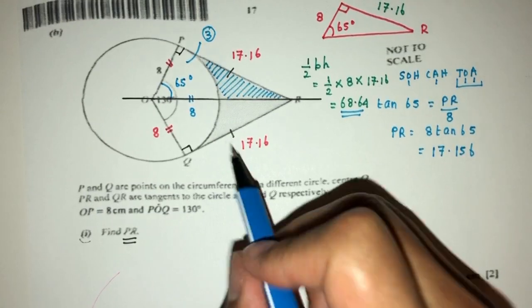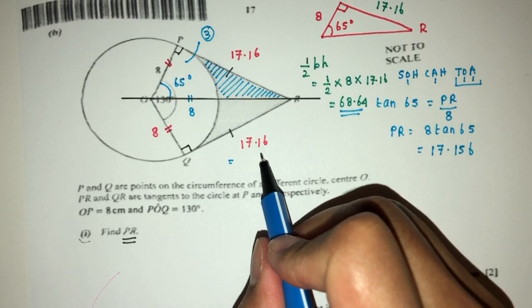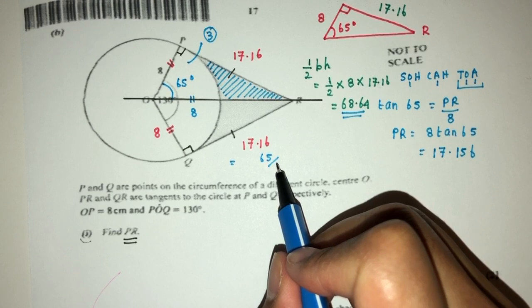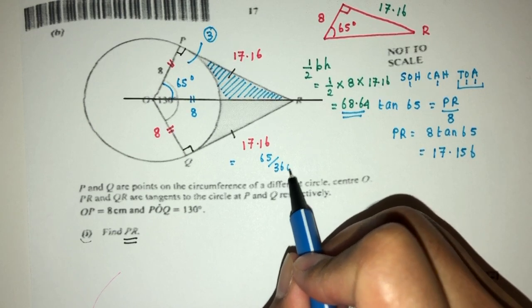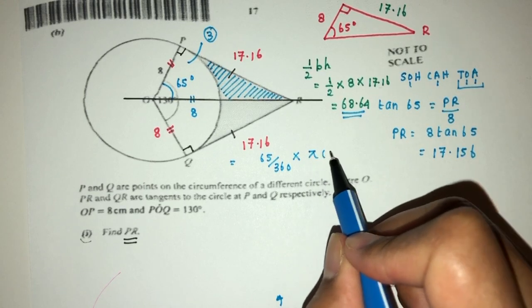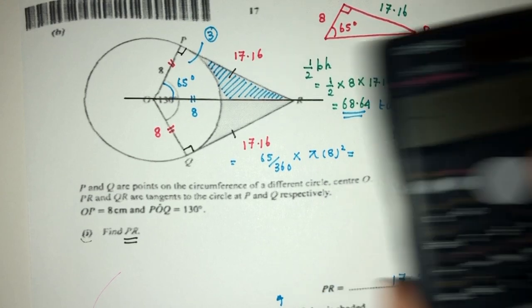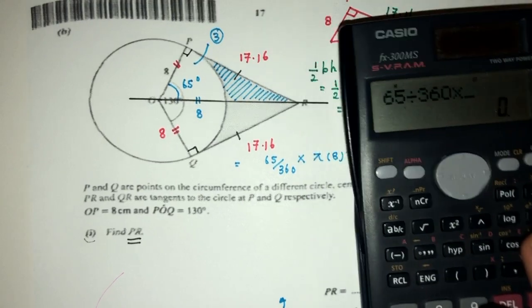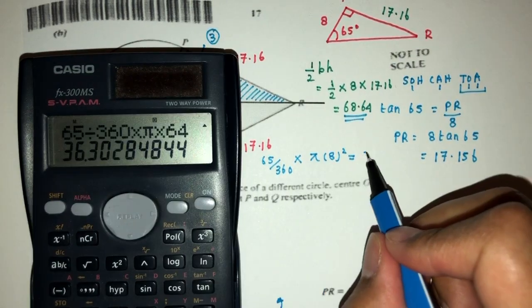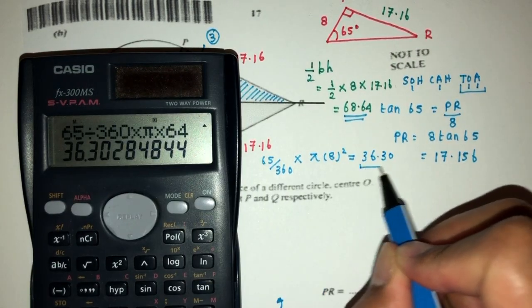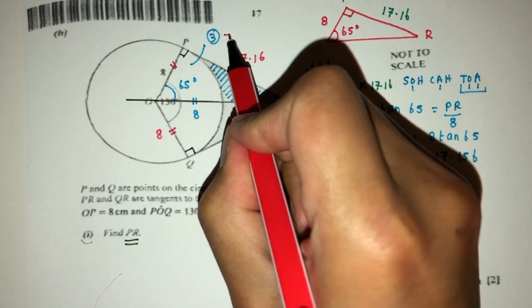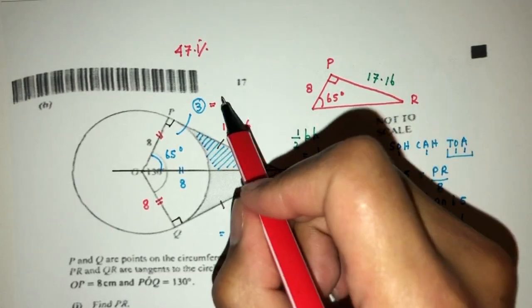So the formula here is the angle 65 degrees over 360 times pi r square. Pi is pi, r square is 8 square. So 65 divided by 360 times pi times 64 should be 36.30. Okay, so this will be the area of the sector that we do not want, right?